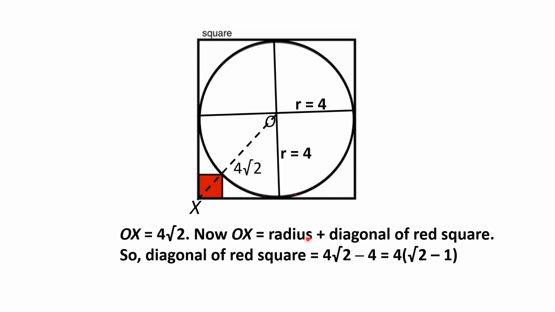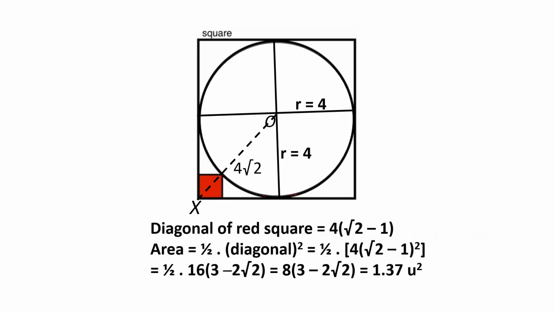Radius is 4, so the diagonal of the red square will be 4 root 2 minus 4, that is 4 times root 2 minus 1 units.